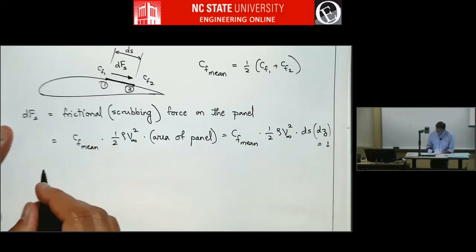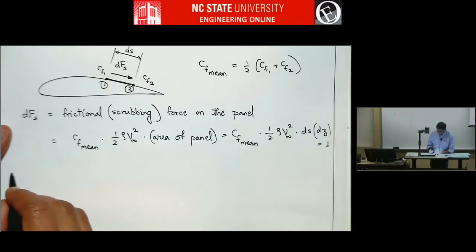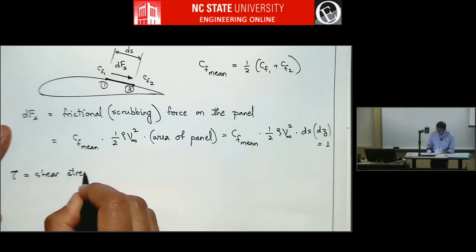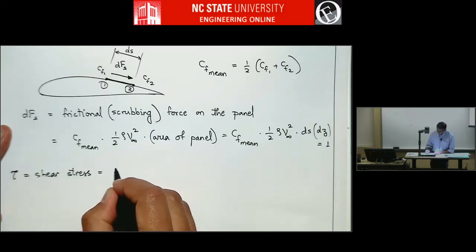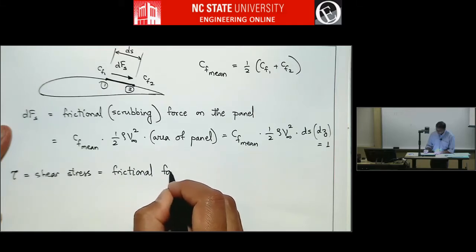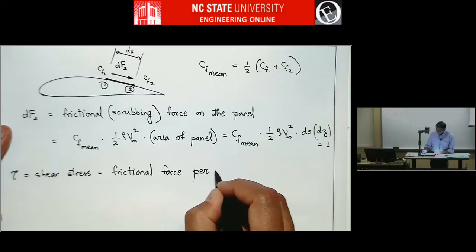Another way to talk about frictional force is to use the shear stress, tau. Tau is the shear stress, and this is frictional force per unit area.